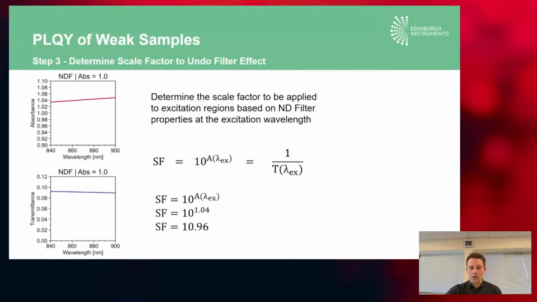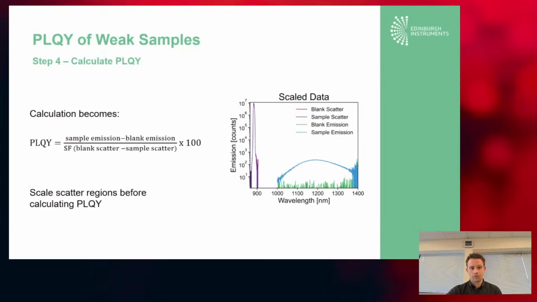And we can calculate the scaling factor by doing 10 to the absorbance at that excitation wavelength. So that's 10 to 1.04, which gives us a scaling factor of around 10.9. You can also calculate this by measuring the transmittance if you want to do it like that as well. So finally, to calculate the PLQY, the top half of this equation will stay the same, but you just include the scaling factor in the scatter region of this equation.